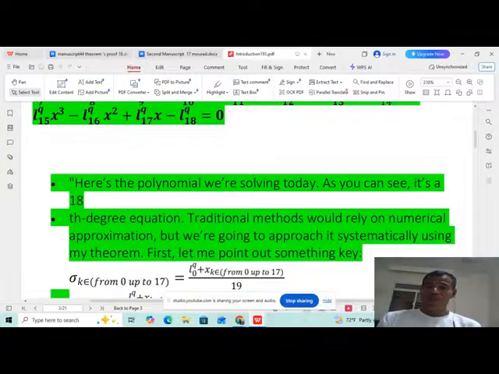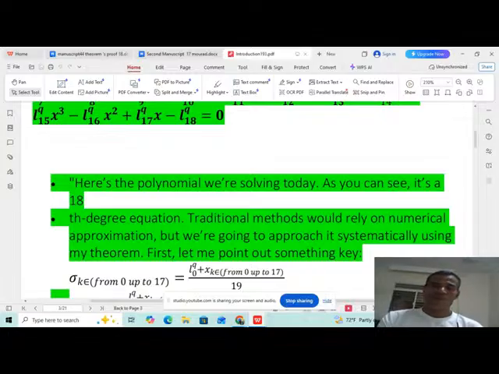A traditional method would rely on numerical approximation, but we are going to approach it systematically using my theorem. First, let me point out something key. Here we have the sum over k from 0 to 17 of a0 plus xk, going from 0 up to 17, divided by 19, simply because the highest power is 19.